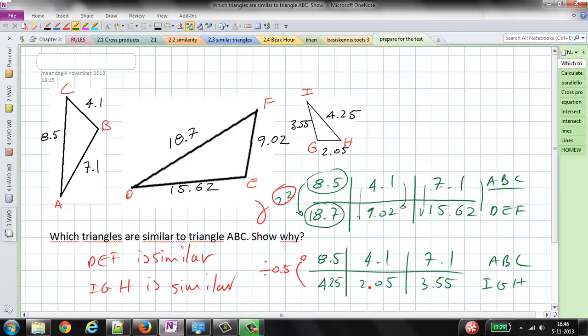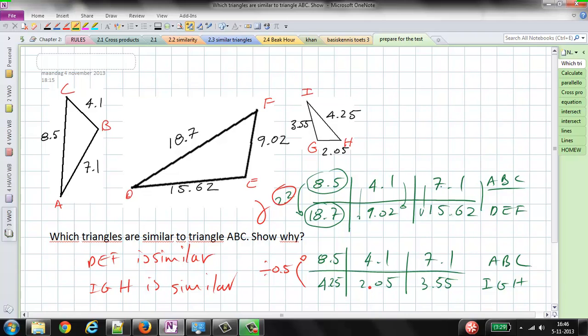Well, it turns out that the inverse of that, going the other direction, is also true. So if you can make a ratio table and the ratio holds for all the pairs of sides, that means that the triangles are also similar.